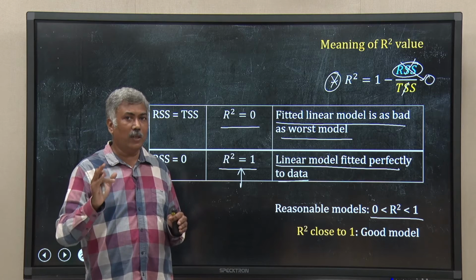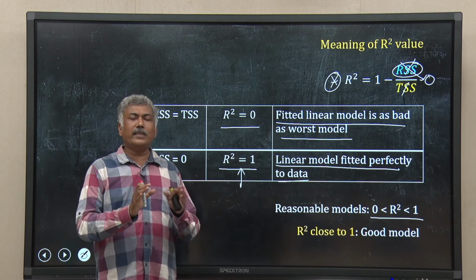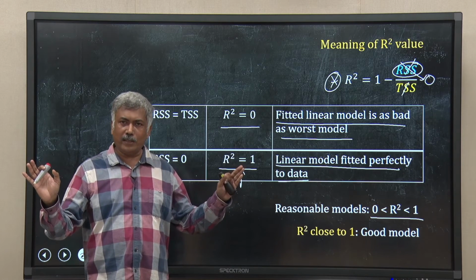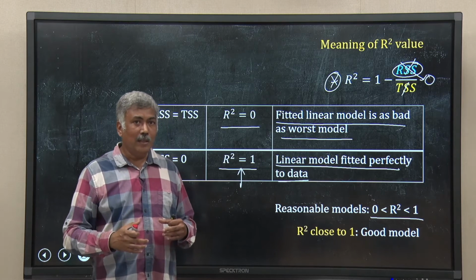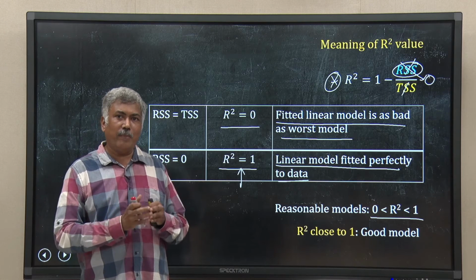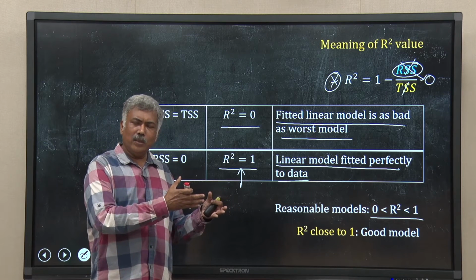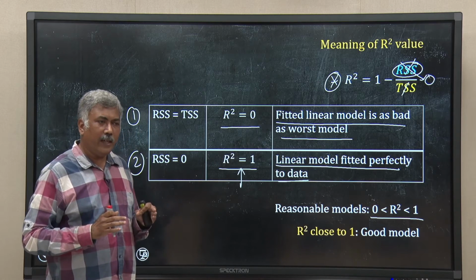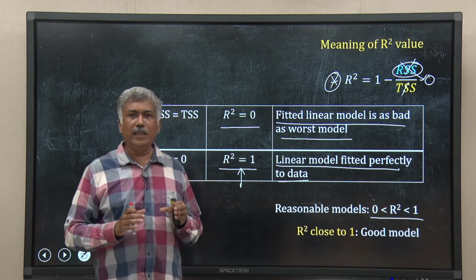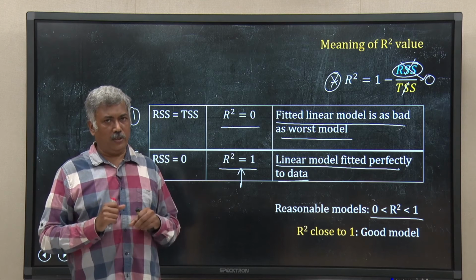Remember what the Coarse model is? The Coarse model says y and x have no relation, y is independent of x. So, if R squared is very low, that means my linear model does not hold, it is as bad as the independent Coarse model. In this way, R squared, or the coefficient of determination, is my first diagnostic check.